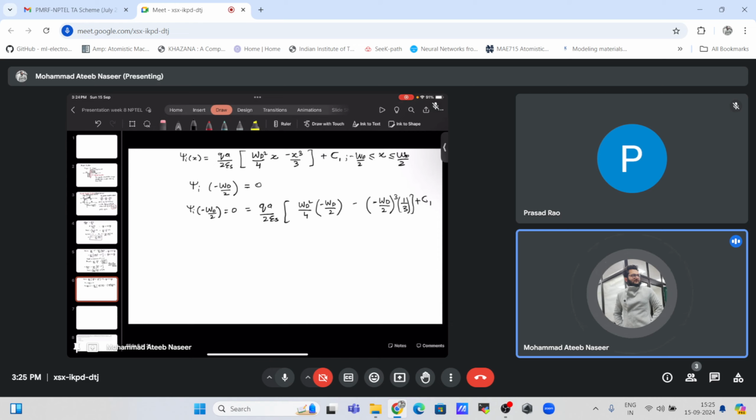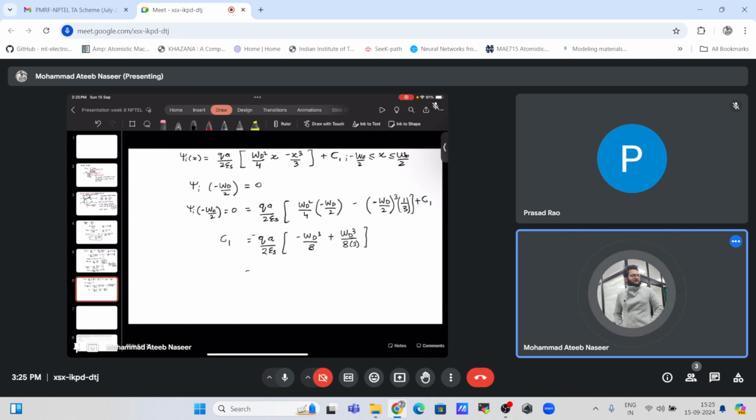Or we can simply say, if I take this common, this is minus qa by 2 epsilon s times minus Wd cube by 8, plus Wd cube by 8 by 3.